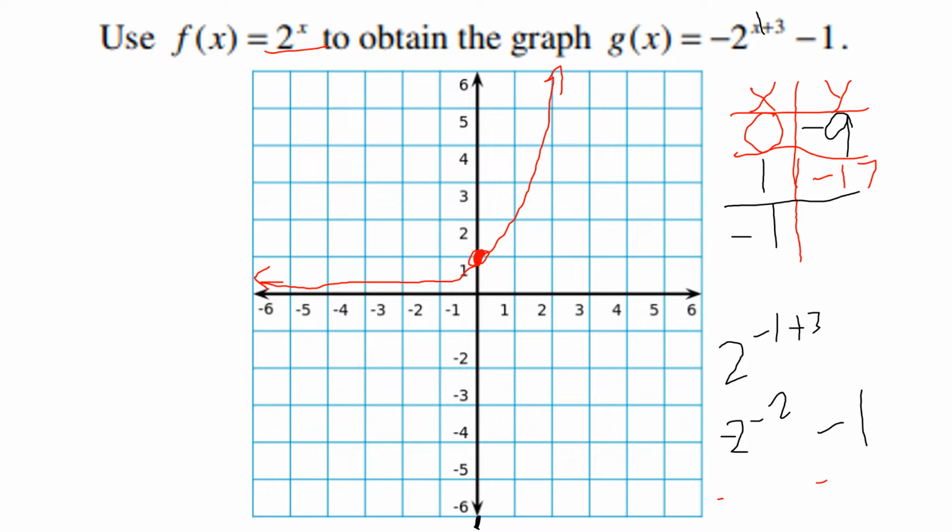It's still gonna be negative, but it's gonna be negative 4. And again, this does not have a parenthesis around it, so it won't work in terms of making that a positive 4. So negative 4 minus 1 is negative 5.